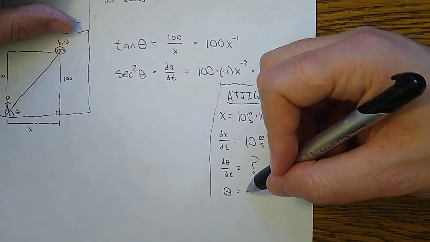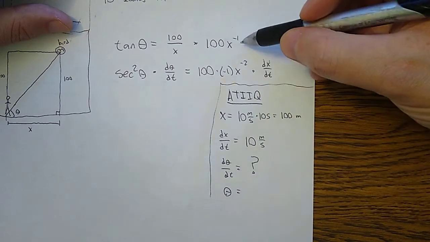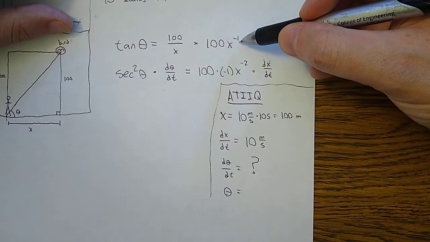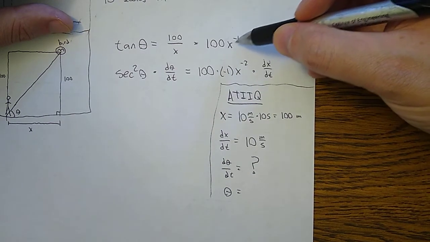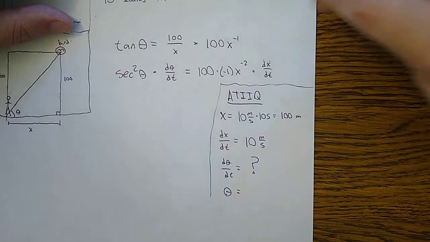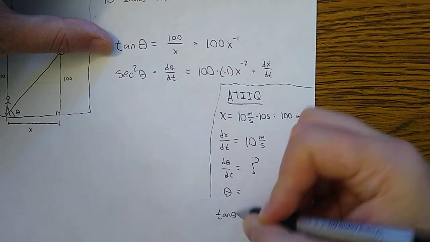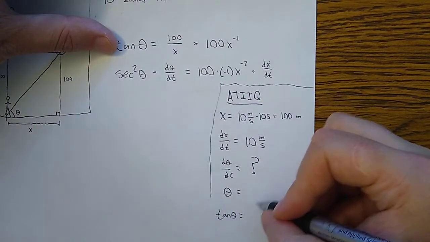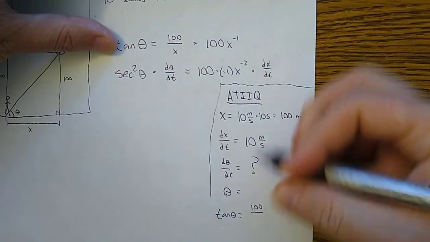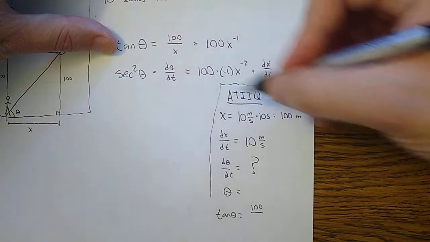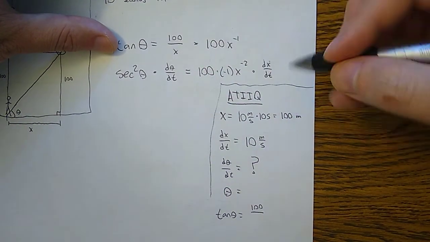To figure out theta, I'm going to use the same method we did last time. I'm going to go back to the equation right before we took the derivative, and I'm going to plug in the information that I know. So tan theta would be 100 over whatever the value of x is, but we figured that out. That would be 100.